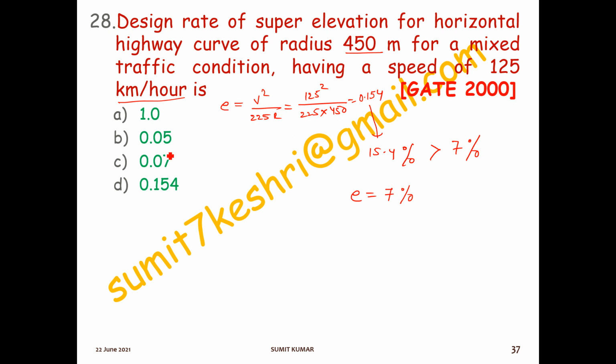So you just select 7%, that is 0.07. Option number C will be your right answer. This 0.154 will not be your answer, because as per IRC when the value is greater than 7%, we take the maximum value of E as 7% only. So the answer to 28 is option number C.